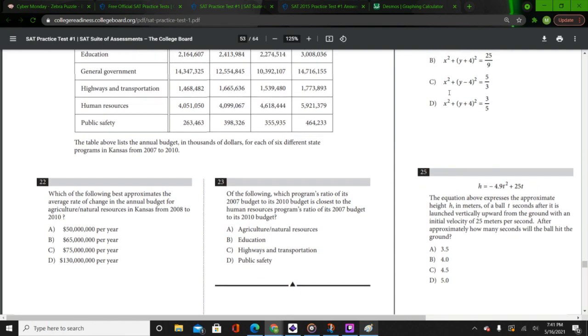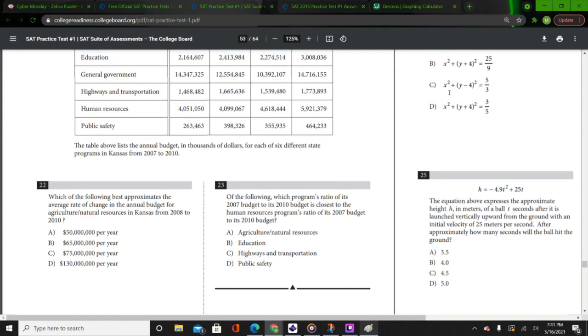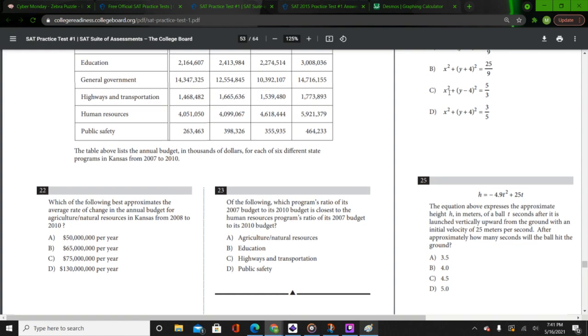Of the following, which program's ratio of its 2007 budget to its 2010 budget is closest to the Human Resources Program ratio of 2007 budget to 2010 budget? All right, so closest would definitely be Human Resources, but I'm assuming that's not an option. So we're going to need to calculate everyone's budget from 2007 to 2010.